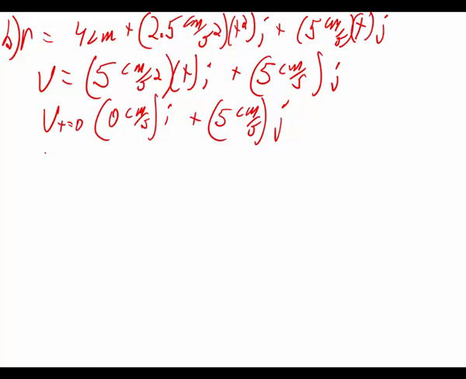All right, now what's it going to be at time, was it 2 seconds? Oh, 1 second. Oh, it was. Okay, my bad. All right, so at time 1 second, what does it become? Very good. So you put a 1 in here, and so we got 5 centimeters per second squared times 1 second.